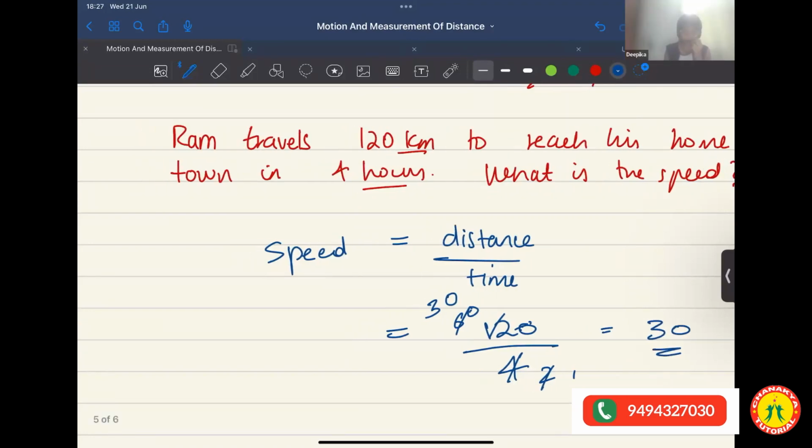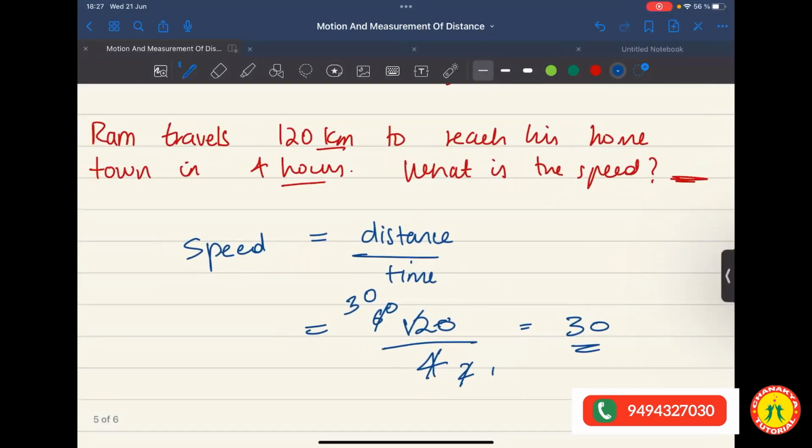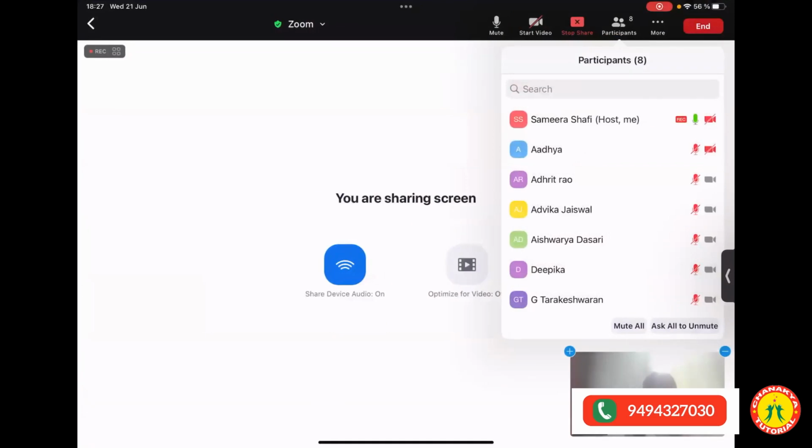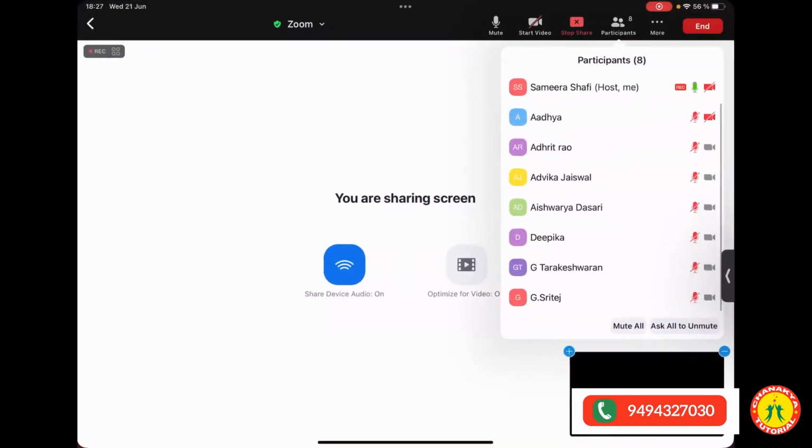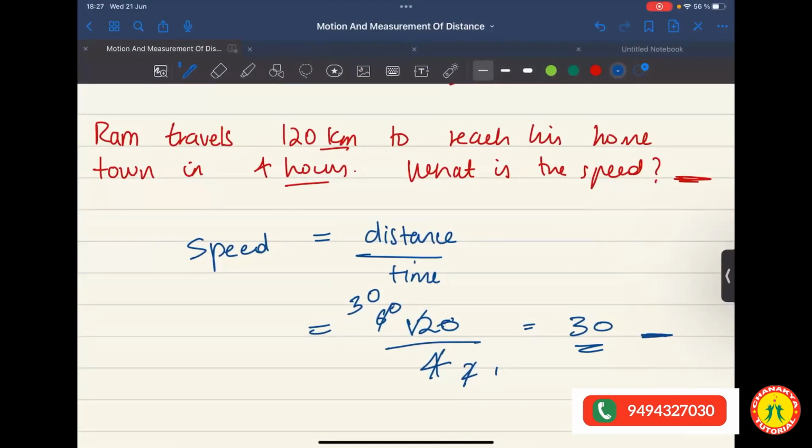Yes, ma'am. Okay. Aishwarya, tell me what unit will I write over here? Ma'am, 30. What unit? 30 kilometers. Yes, ma'am.